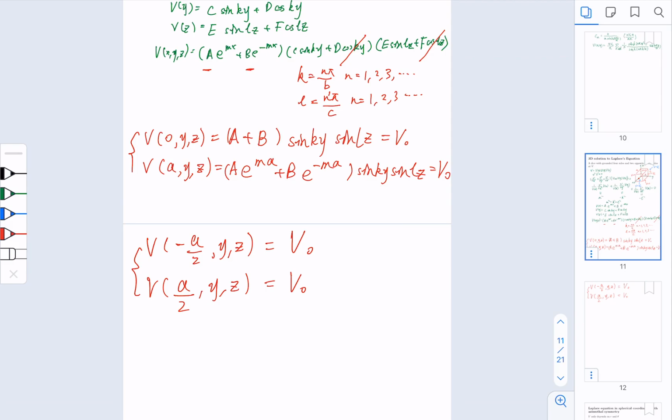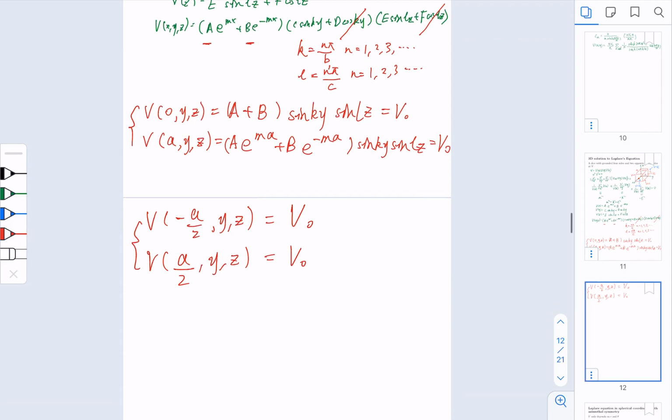So this is the even function, and it can be expressed as a cosh. So let's simplify the expression here. It's a constant times cosh of m times x, sine k y, sine l z.